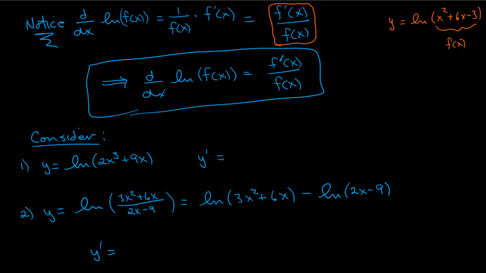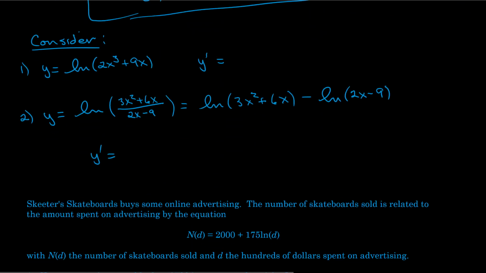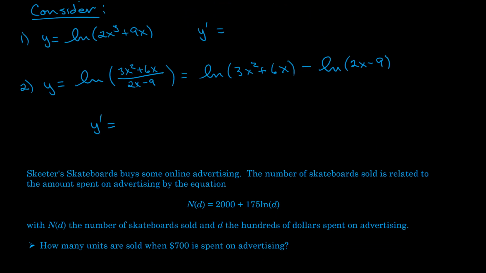If you look in the box on the next line down, anytime you have a natural log that you're taking a derivative of and it has a function inside, you can basically look at it and write down what the derivative is going to be. It's going to be f prime over f. Really? Let's try that and see how it works on a couple of problems.